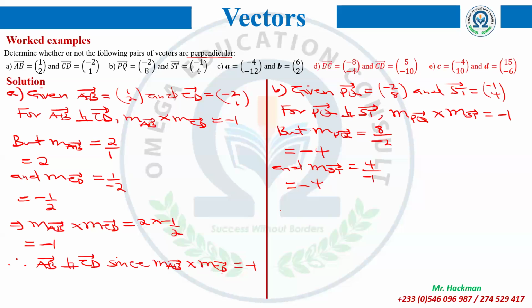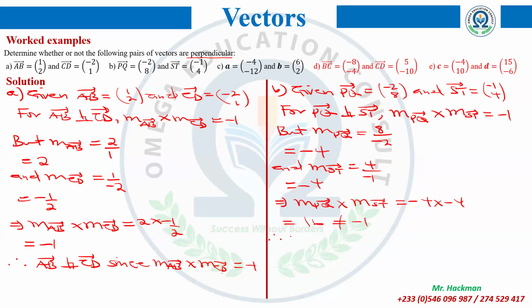At this point, this implies that MPQ times MST, I said you can do it mentally, will be -4 times -4, which will be equal to 16, obviously not equal to -1. So now you draw a conclusion.